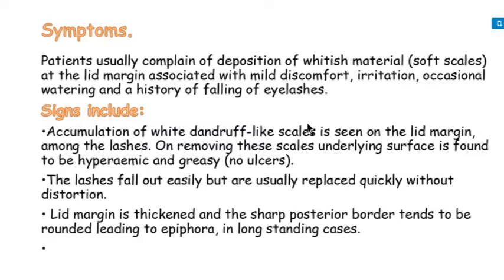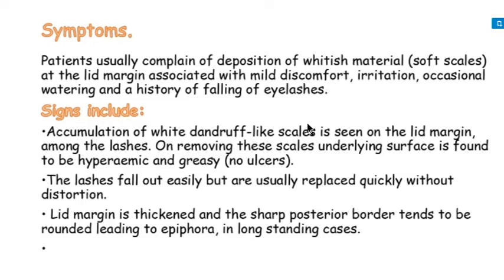Right. So the signs include the accumulation of white dandruff-like scales seen on the lid margin among the lashes. On removing the scales, as I told you, the underlying surface is found to be hyperemic and greasy, but no ulcers. The lashes fall out easily but are usually replaced quickly without distortion.